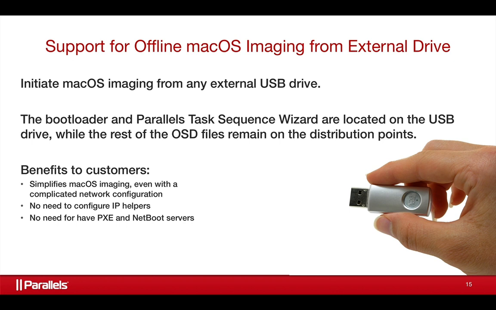So we've built a utility that will build the capabilities to boot a Mac, get out to our task sequence login, and then we can see all of the task sequences that could, maybe today's an HR day or an operations day or a lab day, whatever the image deployment needs to be. We can now use a USB stick to get that started, and that really will help our help desk folks out, not having to be at the server level to do any of this. We can just plug that stick in and then get that booted up and imaged.